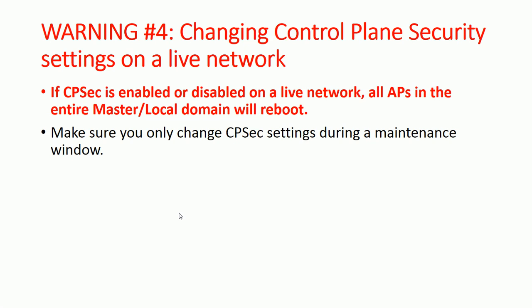If you enable or disable CPSec, that's the shorthand, while on a live network, all access points are going to reboot, either to get their encryption certificate or to just go back to standard, no control plane security mode. Okay, either way, it's going to require a reboot of the access points. So just make sure it's in the maintenance window.